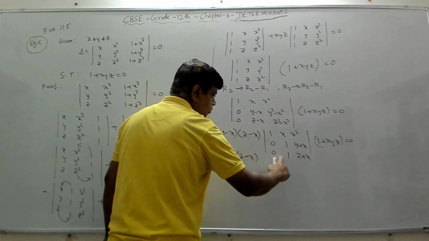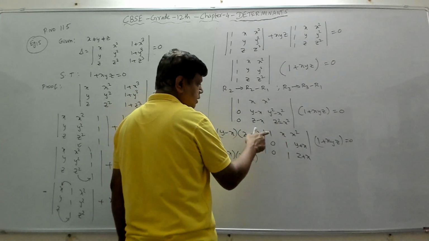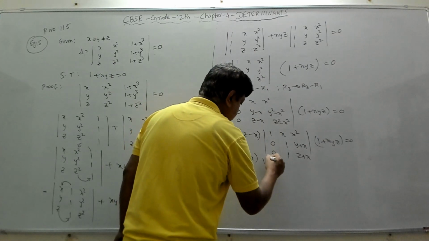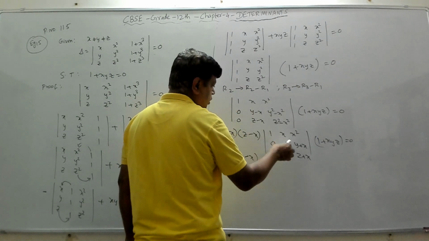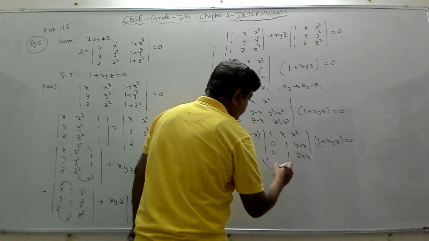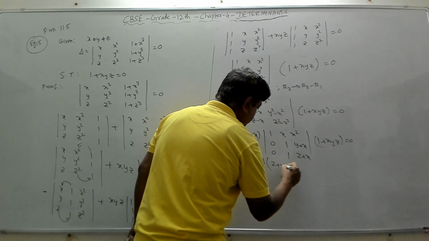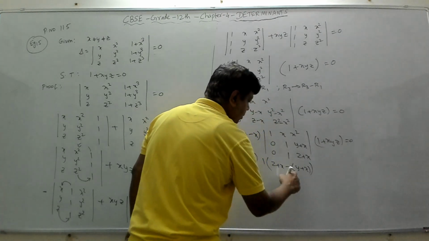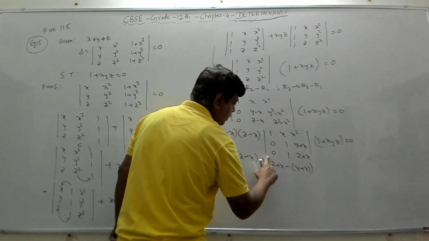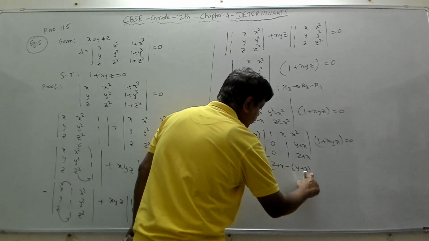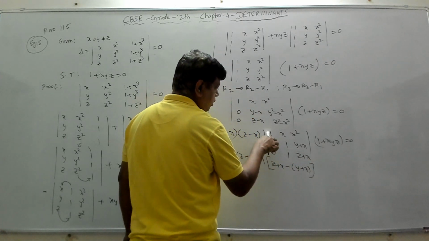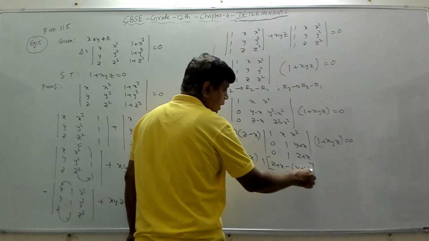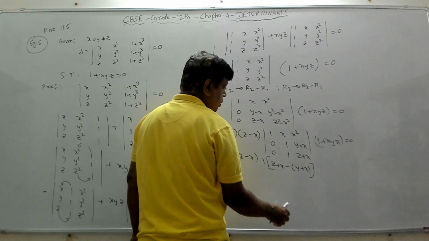We will expand along column 1. I'm going to expand along this, which means we will take only this element, because the other two elements will give you 0. So 1 into, close this, 1 into z plus x is z plus x, minus, you have to put the bracket immediately, 1 into y plus x is y plus x.